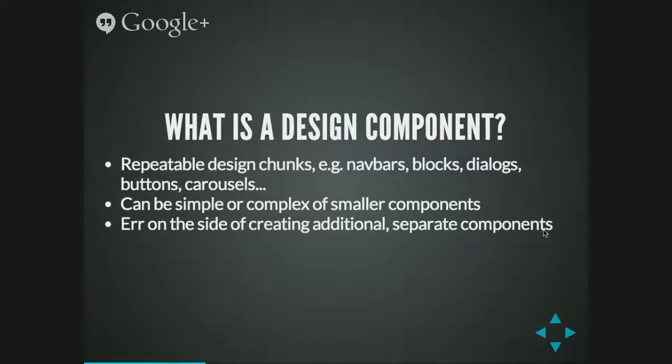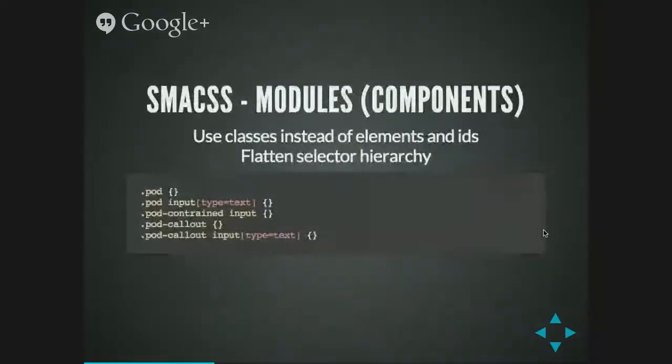And one of the messages I want to communicate in this session is that this is a whole thought process when you're analyzing this design system. Like, what is the component here? And sometimes you don't know, is this a subcomponent? When it gets really fuzzy, I think it's safe to err on the side of making it a separate component instead of trying to create some kind of hierarchy.